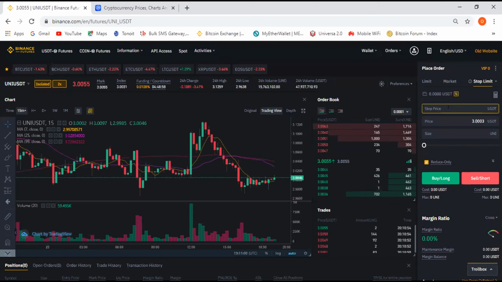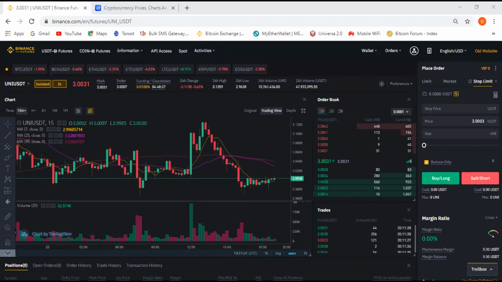If you are buying, you are longing the trade, it means this price will have to be a little bit lower, just like 1 point lower than what we were meant to use.